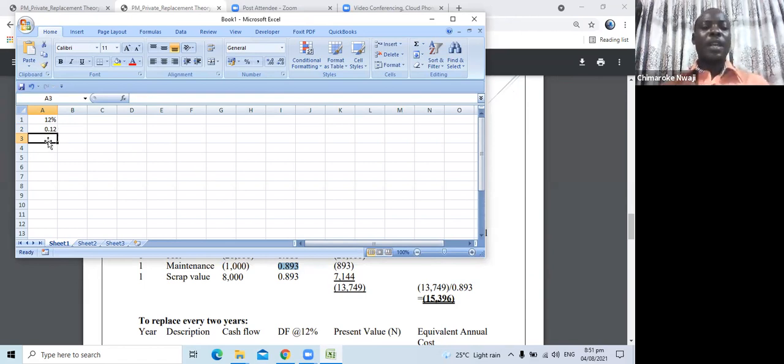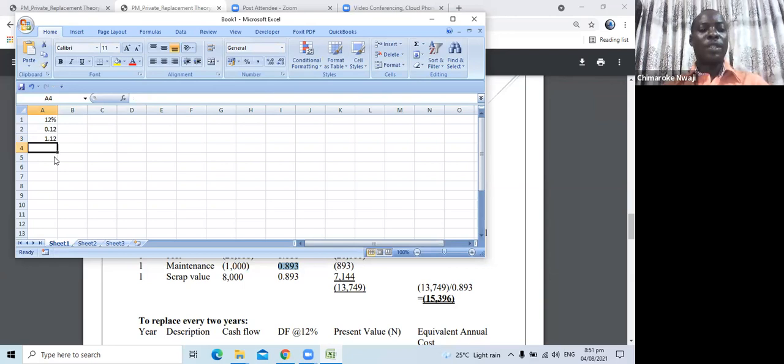Okay. Then this is 100%, so we say this is 1 plus this. This means 1.12. Okay.